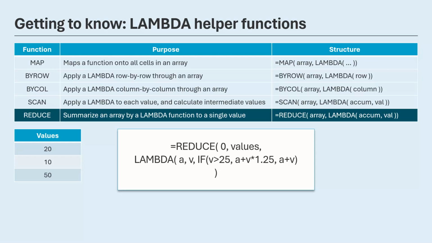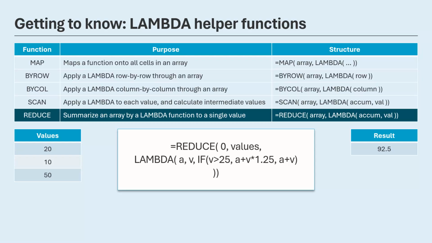And at the end, this whole thing will be reduced down to a single value that will be called A in this instance. And so the result in this case would be 92.5 because 20 is not greater than 25. So it just takes that and adds it to the 0. So we now have 20. Then we have the next value, which is 10.